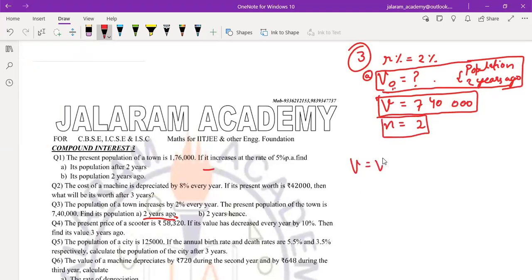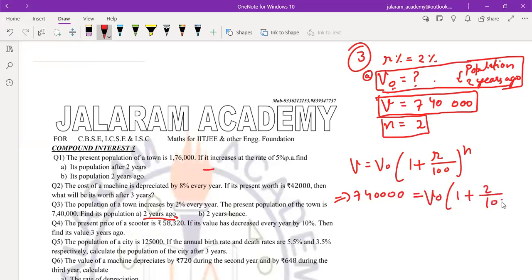Now when we use the formula V equals V naught into 1 plus R by 100 whole to the power n, it will be 7,40,000 equals V naught, the population 2 years ago that we have to find, into 1 plus rate of interest 2 by 100 whole square, that is V naught into 102 by 100 into 102 by 100, and it is equal to 7,40,000.